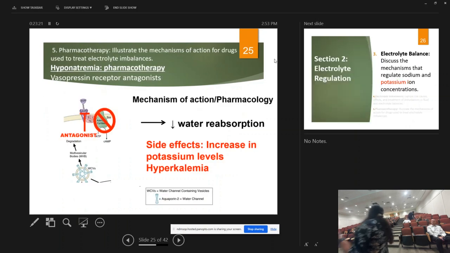Every drug has some side effects. By using this antagonist, you actually create an increase in the potassium level. So you have to be careful with how much you're treating these patients to correct hyponatremia, because in return you can build hyperkalemia, meaning an increase in potassium level.